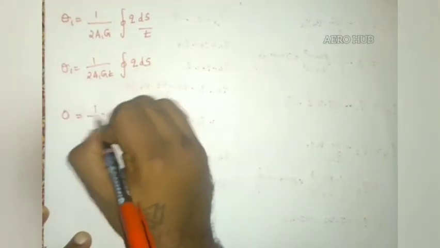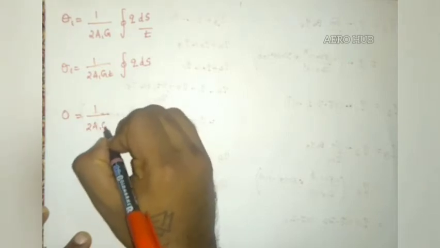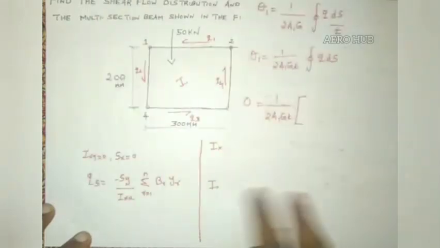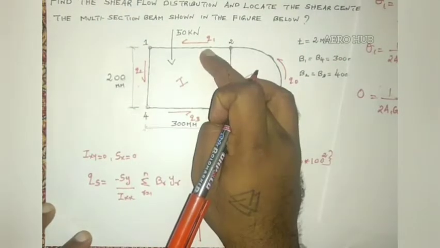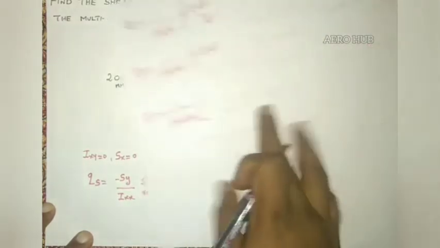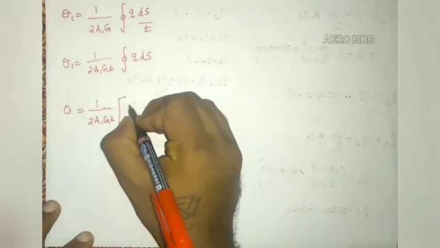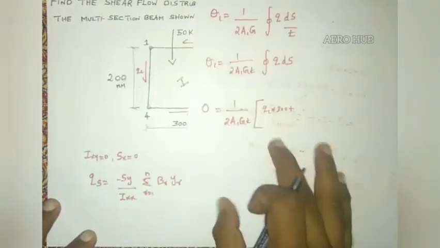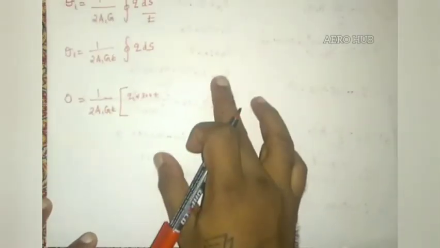That is 1 by 2A1Gt, for cell 1, Q1 into ds, the length is 300 millimeter. This will be Q1 into 300 plus Q2 into 200.